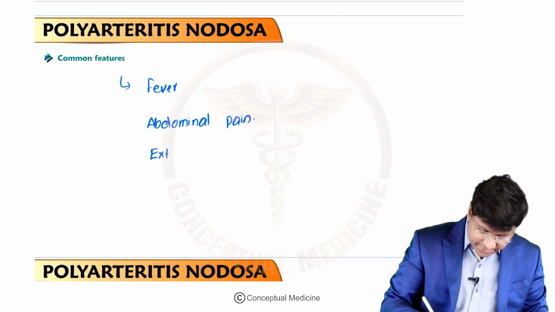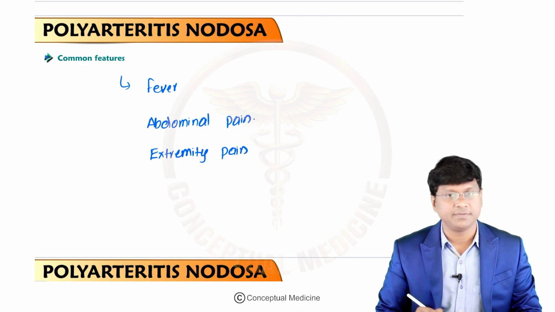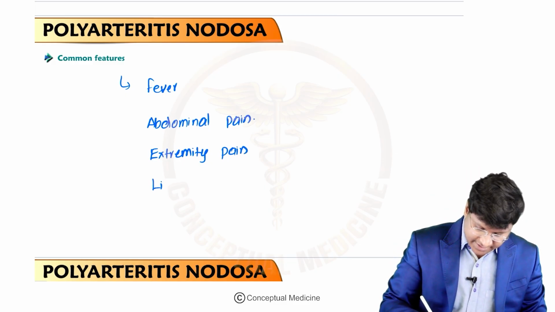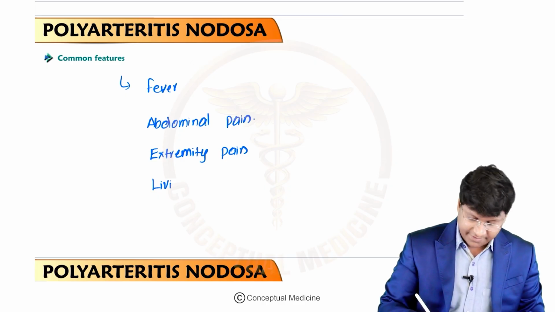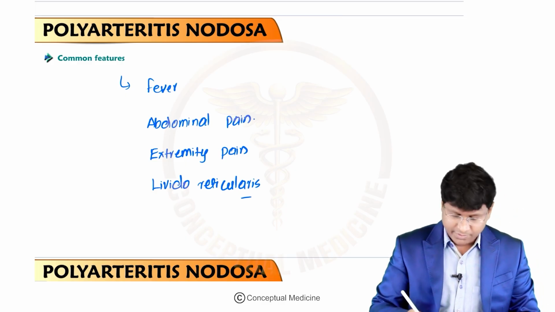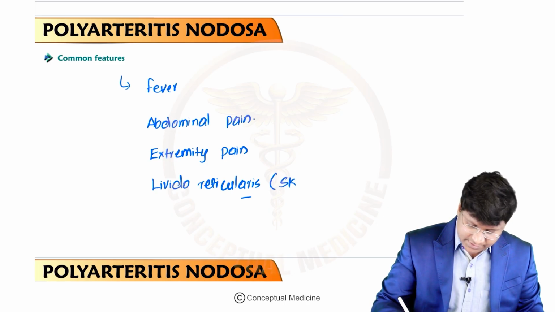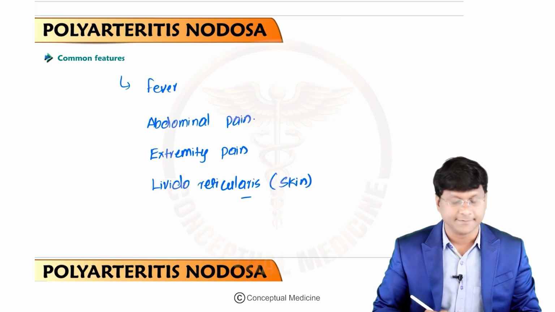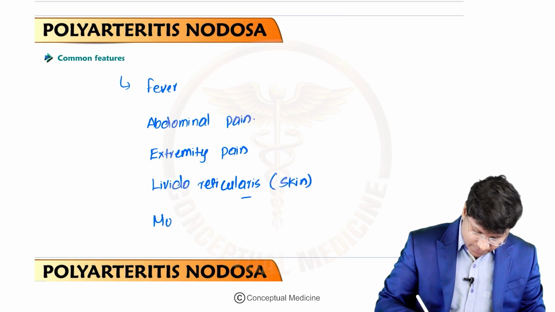There can also be extremity pain. Skin manifestation is in the form of livedo reticularis, that is the abnormality within the skin. And next, mononeuritis multiplex.